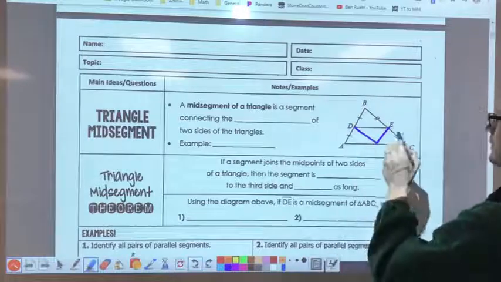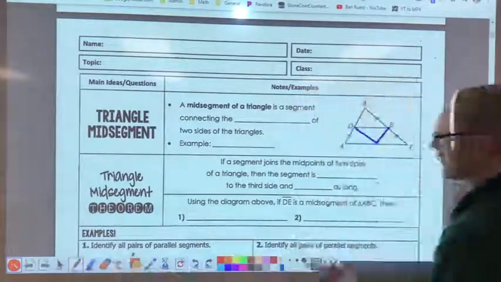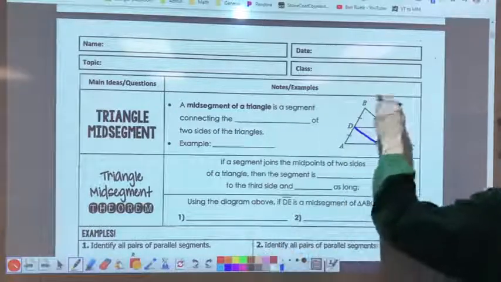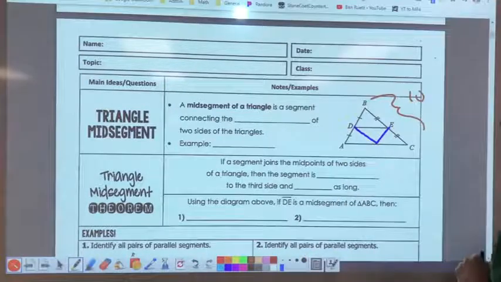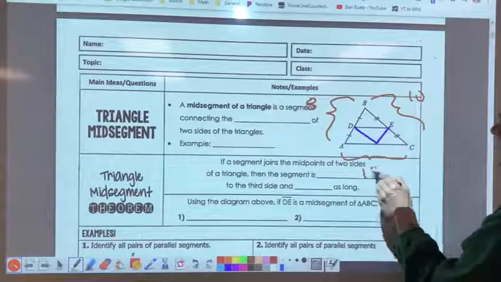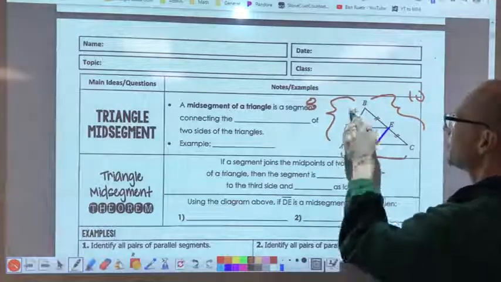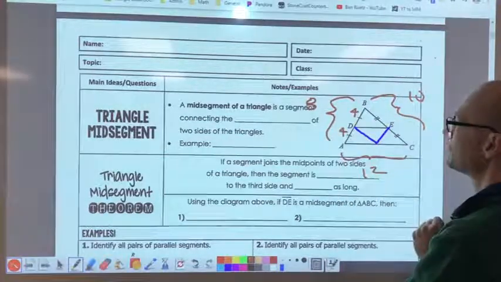So let's say this whole side right here is 10. And this whole side right here is 8, and maybe this whole side right here is 12. Does it seem reasonable to think that this would be 4 and 4?